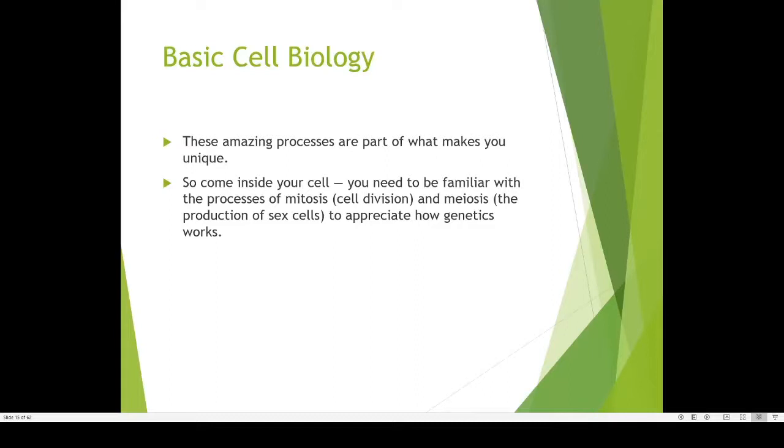So come inside your cell, you need to familiarize that, and that's your mitosis, or your cell division, and your meiosis is the production of your sex cells, to appreciate how genetics actually works.